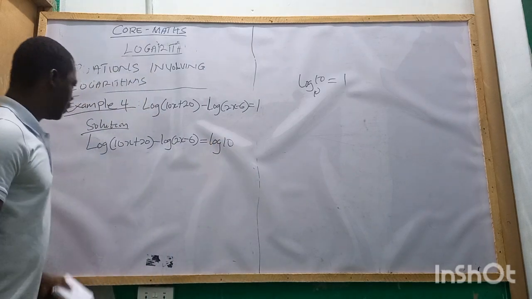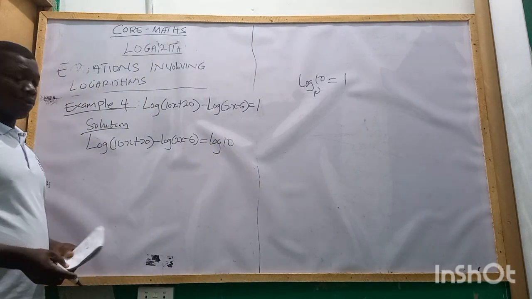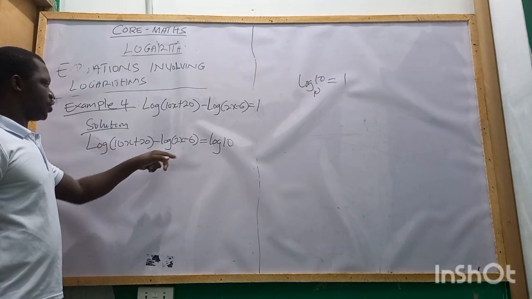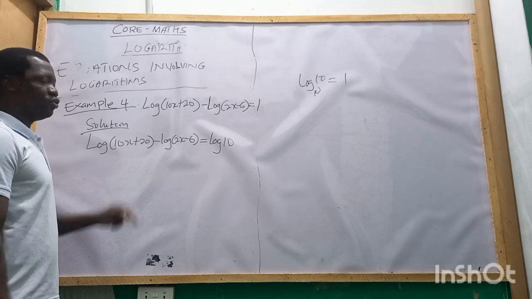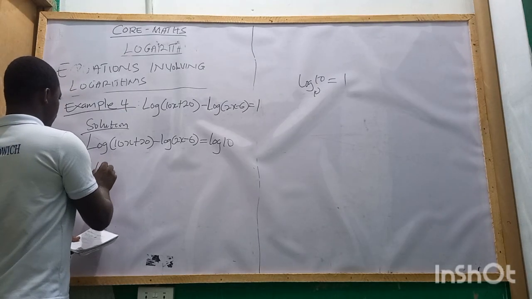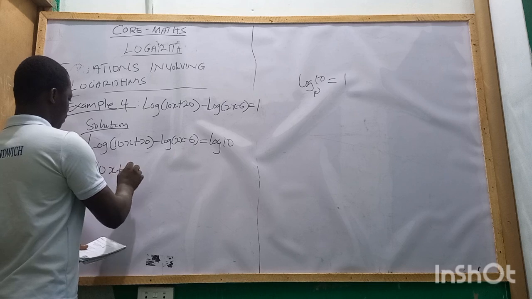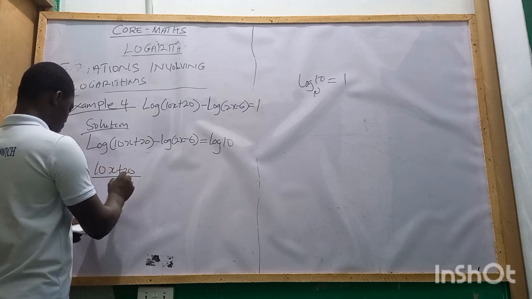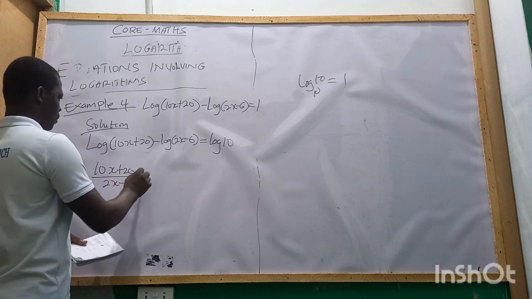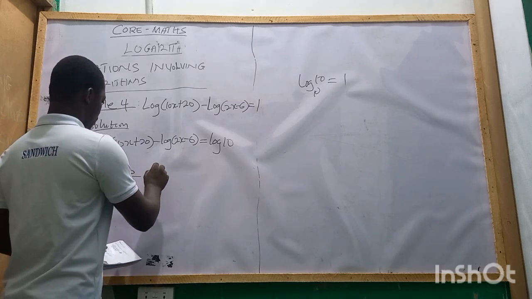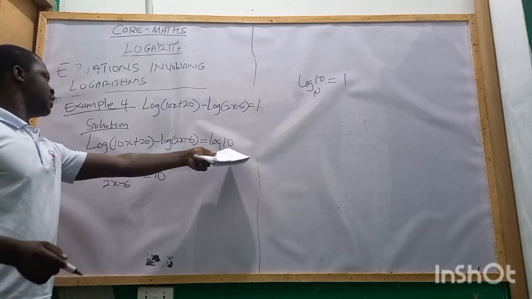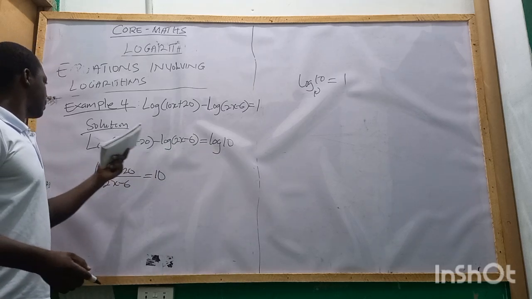Okay, so we'll take anti-log, right? And since here they are subtracting, you know the rule, you divide, right? So we're going to take the anti-log. So to just be left with the numbers.